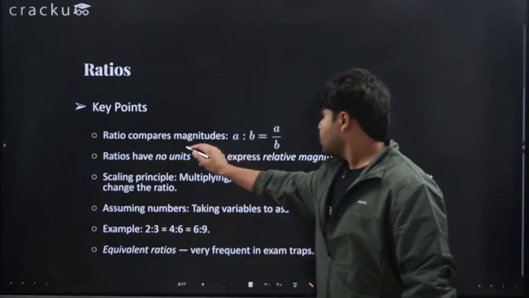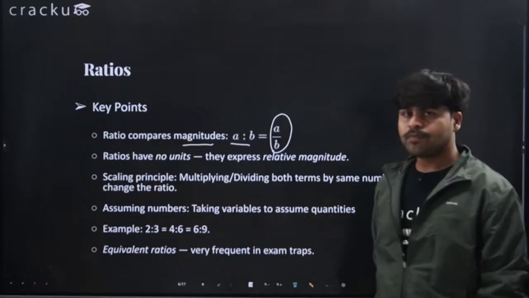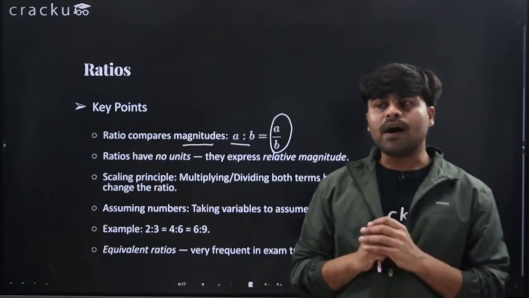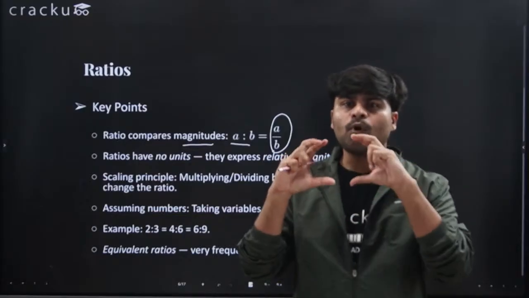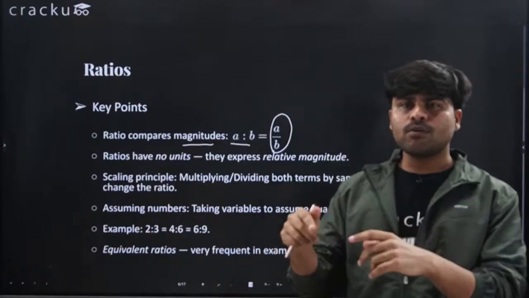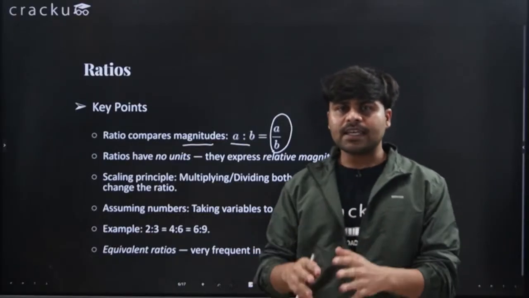Ratios compare magnitudes. A ratio B is essentially equivalent to writing A upon B. One of the examples that I was thinking of is, consider that you buy a small model of Taj Mahal. You go to Agra, and after getting the trip inside the Taj Mahal, you come outside and there are little shops.